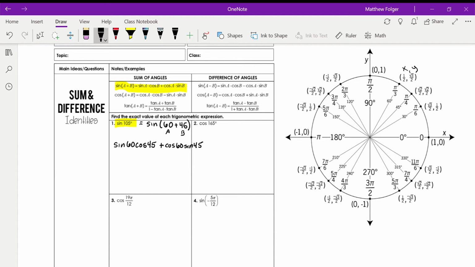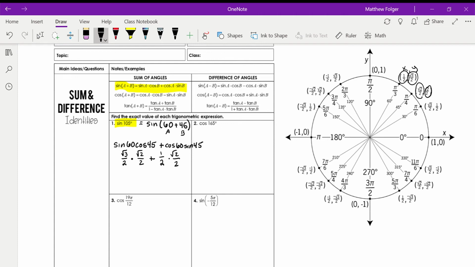Sine of 60 is going to be the y value at 60, so the sine of 60 is square root of 3 over 2, times the cos of 45, which is the x value at 45, so square root of 2 over 2, plus cos of 60, the x value at 60, which is 1/2. And the sine of 45 is the y value at 45, which is square root of 2 over 2.